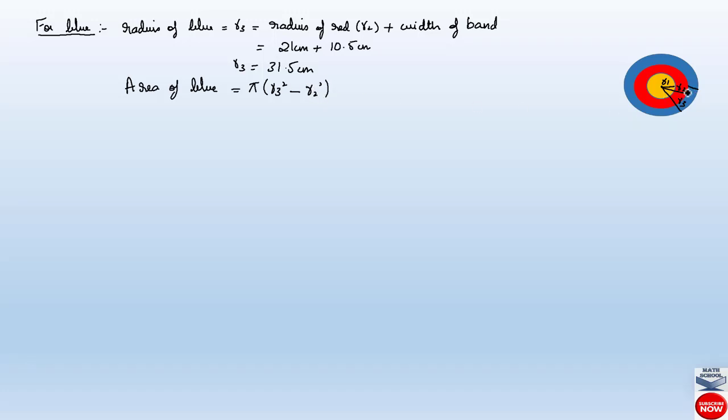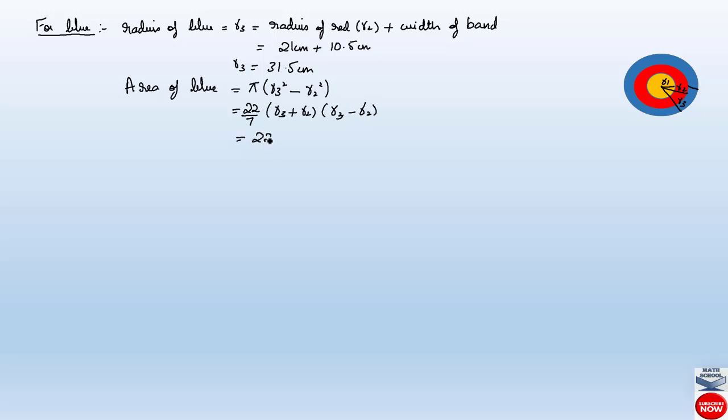That is the radius of the red circle, right? So now let us substitute. Pi value is 22 divided by 7 into R3 square minus R2 square. Again, we can apply the identity and write this as R3 plus R2 and R3 minus R2, right?